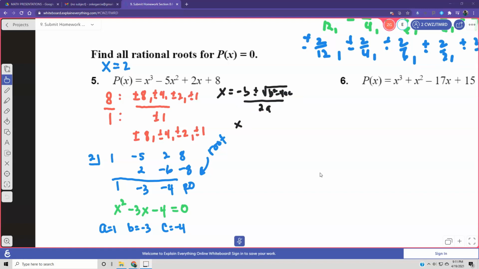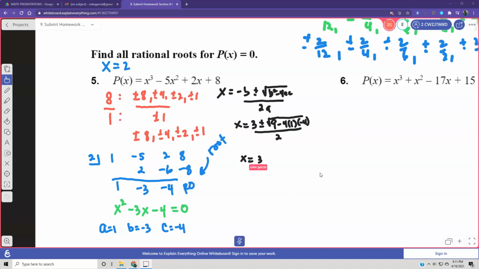So I have x equals negative b, in this case it's 3, plus or minus square root. Negative 3 squared is 9 minus 4 times 1 times negative 4, which is going to be good. You're going to see that right now. 2 times a is 2.